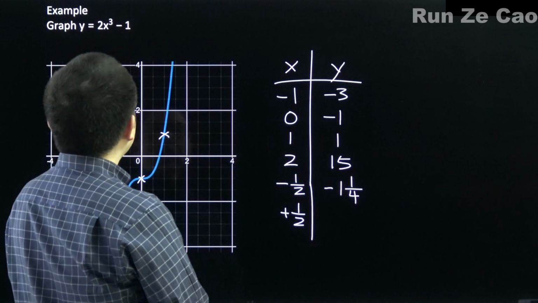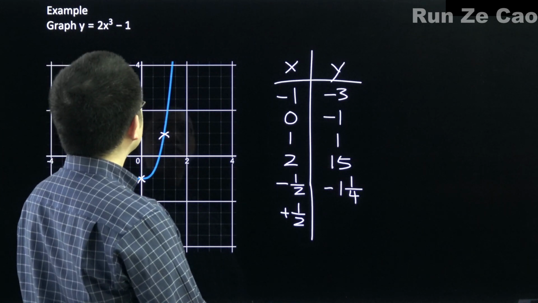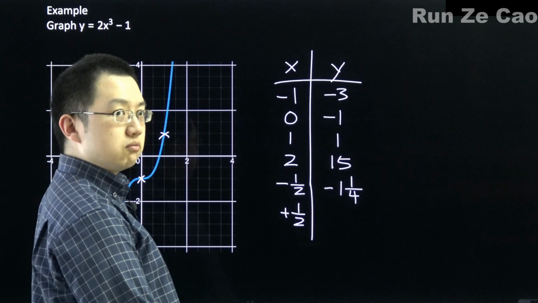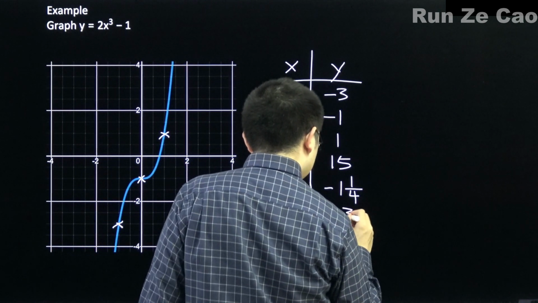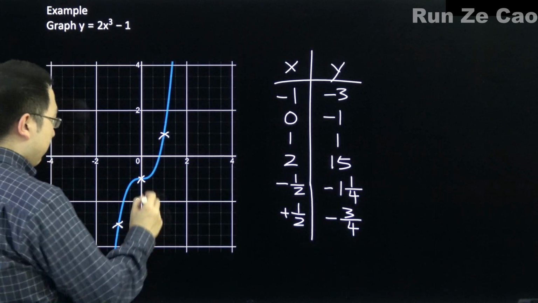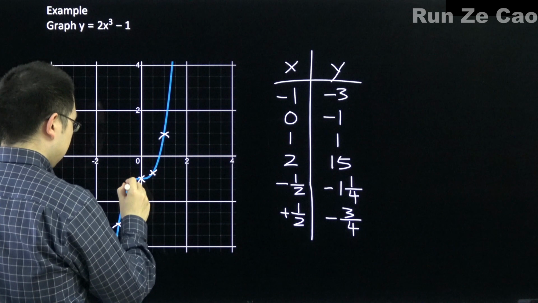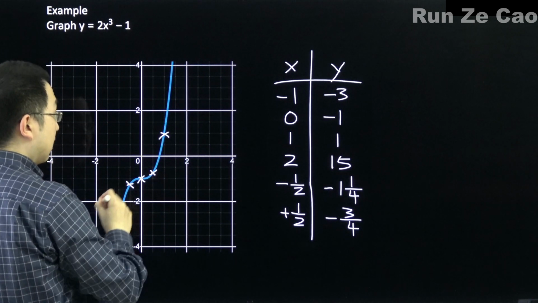Now +1/2, 2 times 1/2 to the third, 2 times 1/8, that's 1/4, minus 1, so -3/4. Haha! Suddenly, we would have points that better showed us roughly what this would look like, and then we could sketch.